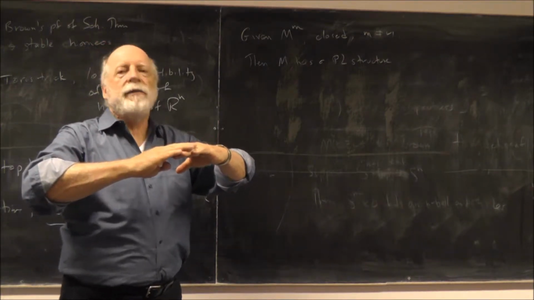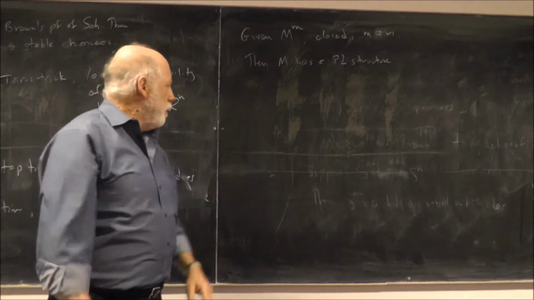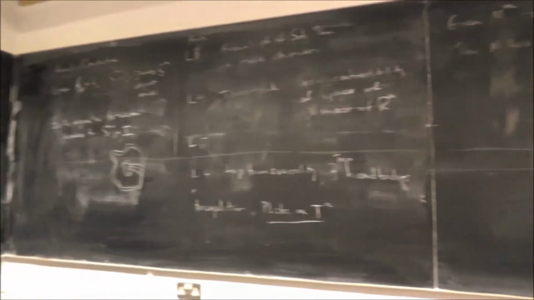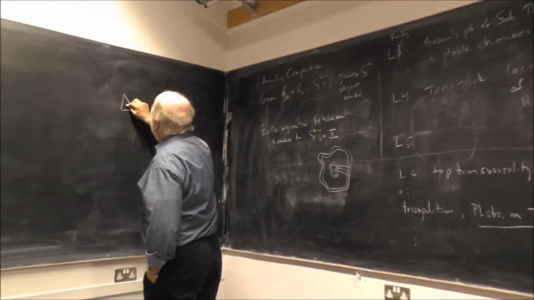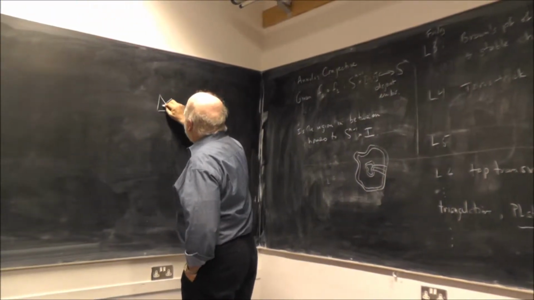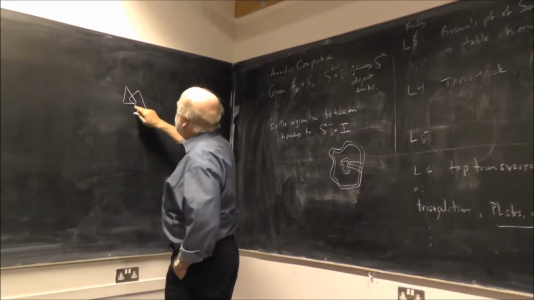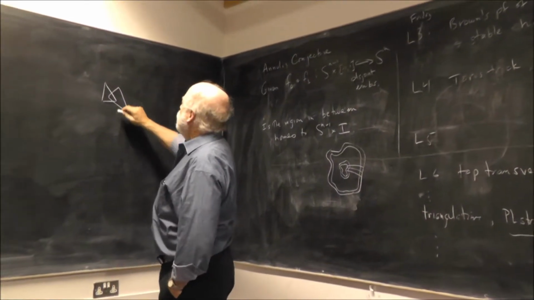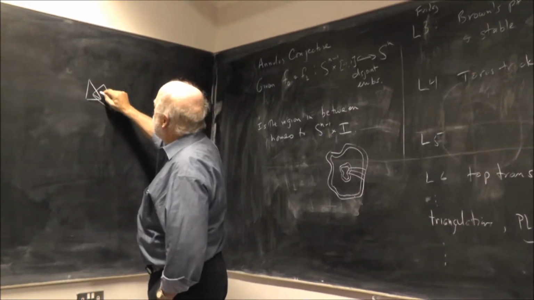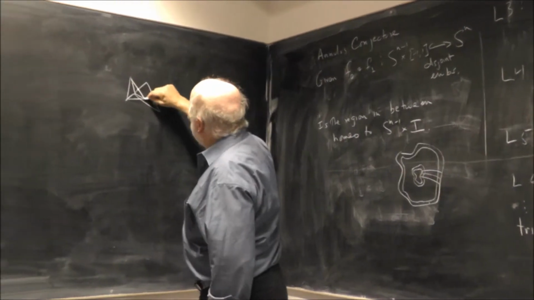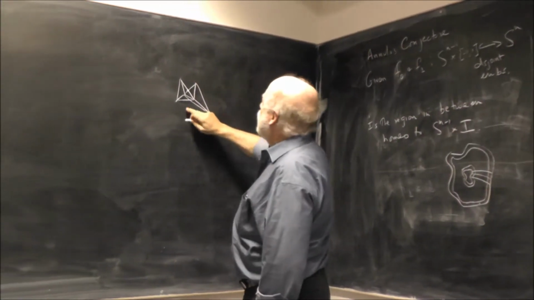So you always have to subdivide. You might have two triangles overlap this way. Well, then if you subdivide, you put some more vertices in here, do a batch more subdividing, and then suddenly they overlap.